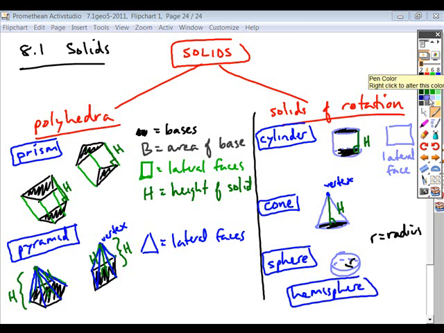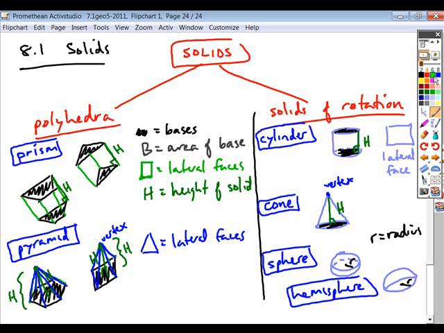A hemisphere is just half of a sphere. So if you took a sphere and cut it in half, you'd be looking at a hemisphere. The radius would also be the only measurement involved in that figure. So that's just terminology-wise. It should all be review. We've talked about this back in Chapter 1.